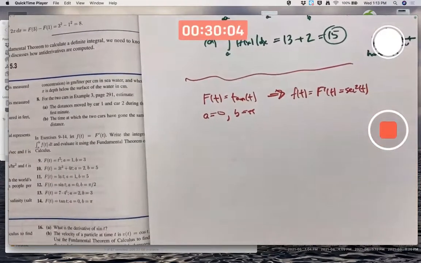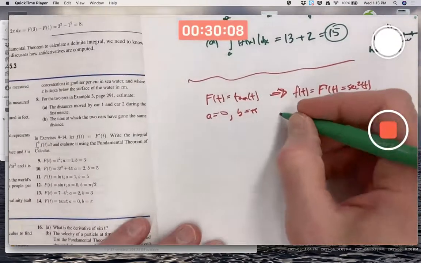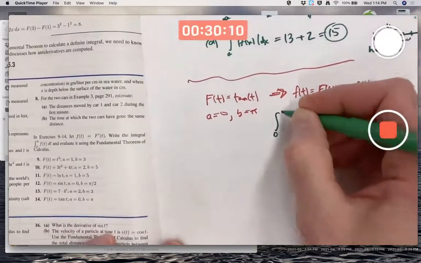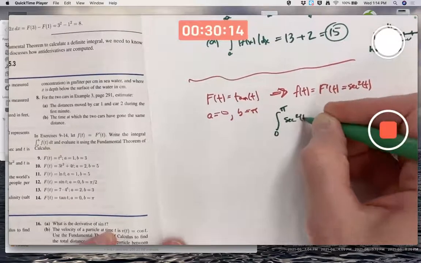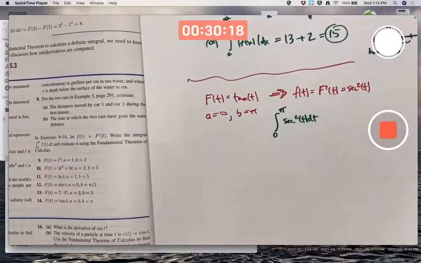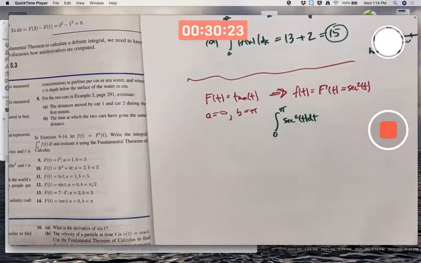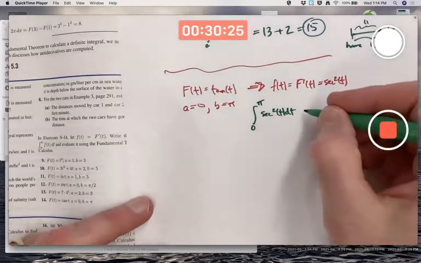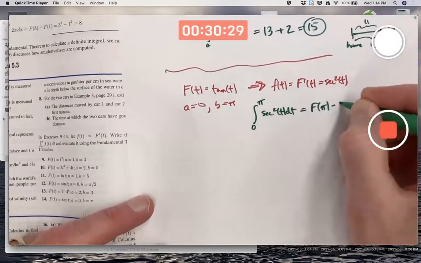So now, to write the integral means I'm really going to write the integral from 0 to pi, not of tangent, but of secant squared. Of the little f, not the big F. The fundamental theorem of calculus says this equals capital F of pi minus capital F of 0.